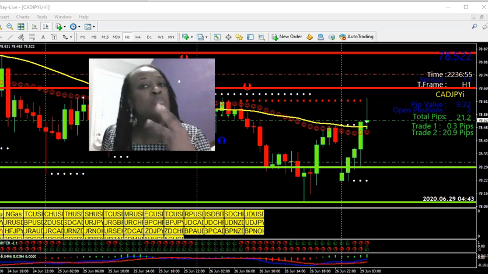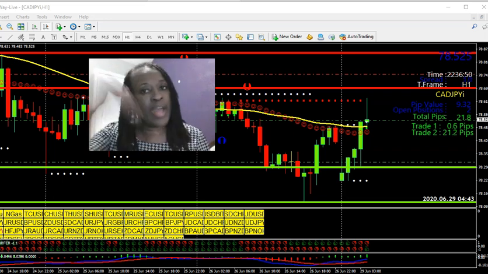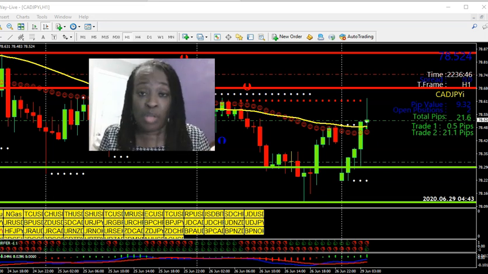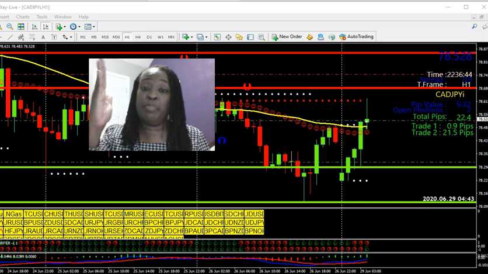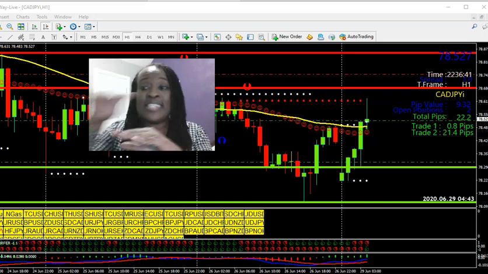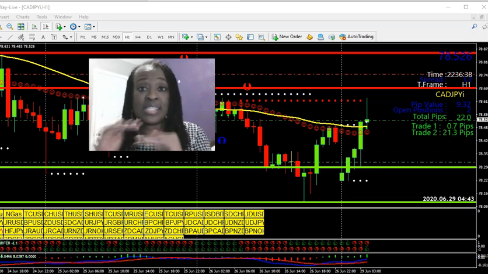Price only moves in three directions: it impulses, it corrects, and then it continues in the direction of the impulse. Where the impulse ends and the correction begins, that is an established area of resistance or support. That's the reason it stopped where it stopped.